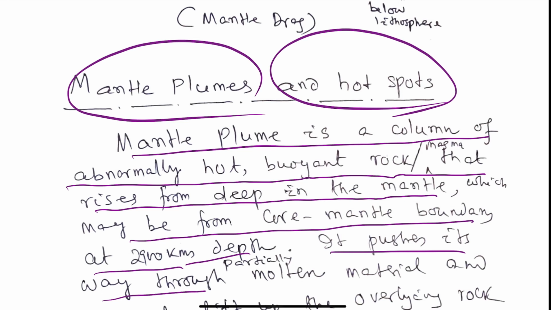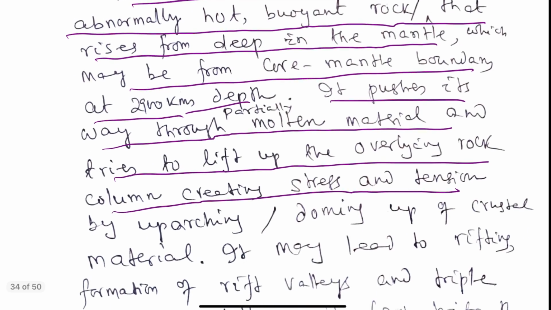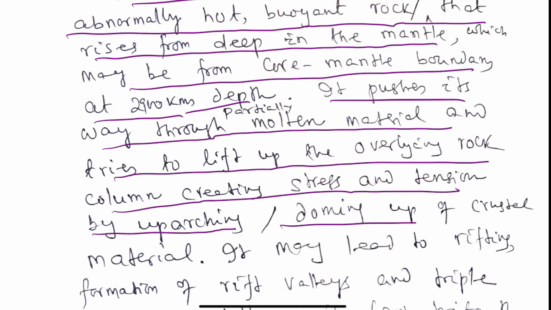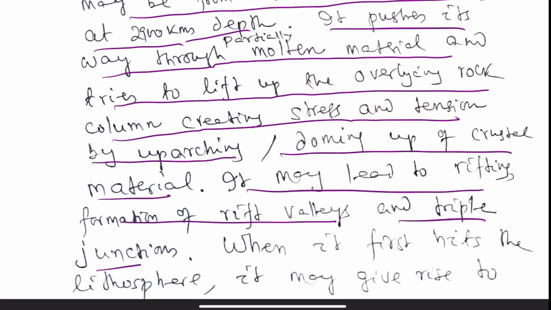It pushes its way through the partially molten material and tries to lift up the overlying rock column, creating stress and tension by upward arching or doming up of the crustal material. It may lead to rifting, formation of rift valleys and triple junctions.